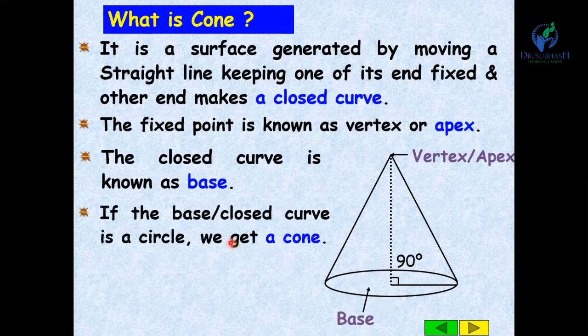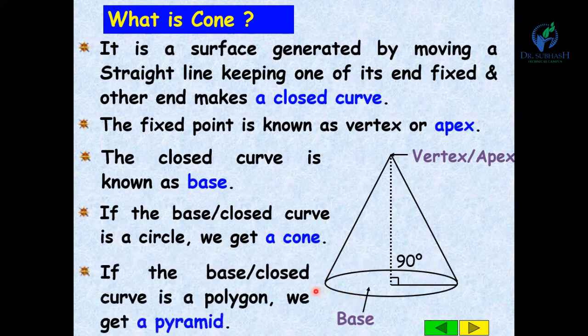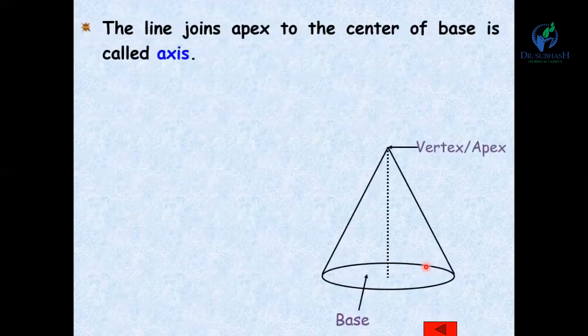If this base or closed curve is a circle, then we get a cone. Or if the base or closed curve is a polygon, then we get a pyramid. The line which joins the apex to the center of the base is called the axis.